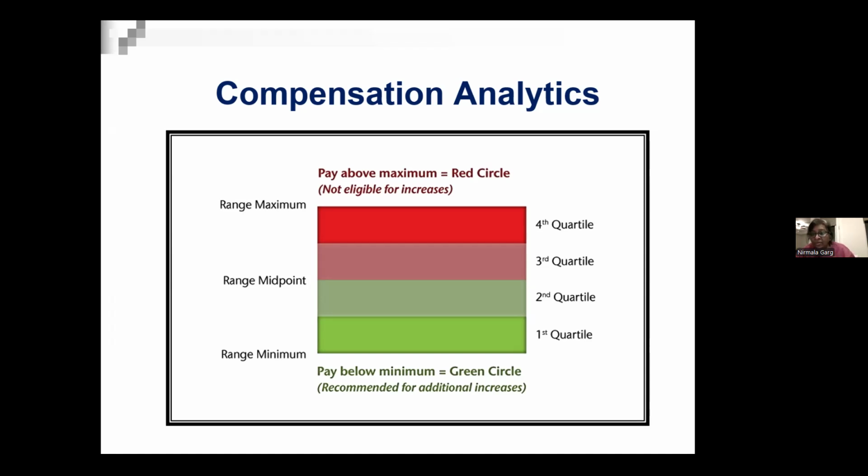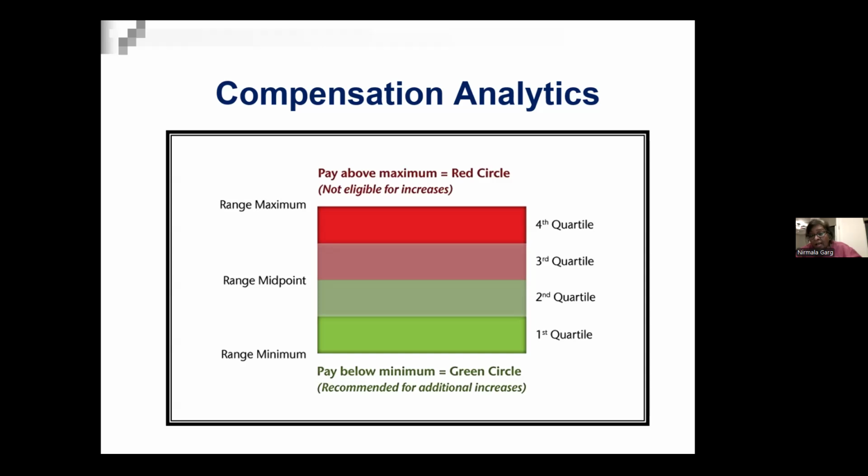She has to be recruited depending on her fitment, maybe at the minimum or maybe a little higher. Or I will bring her to midpoint, based on that comp ratio, and I won't go beyond that. But I cannot give you less than the minimum. I cannot pay you less than the minimum of that particular grade. Are you with me? Okay.